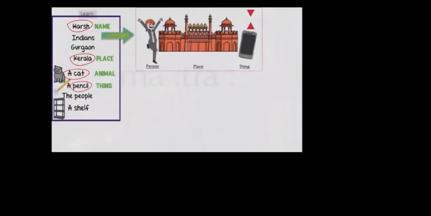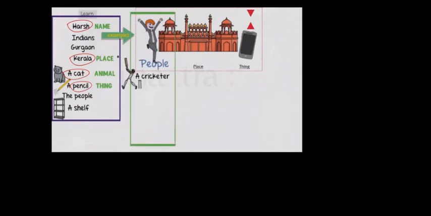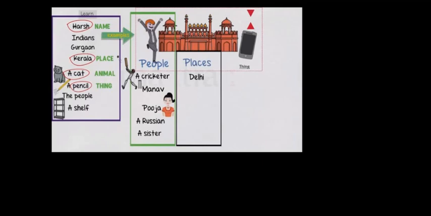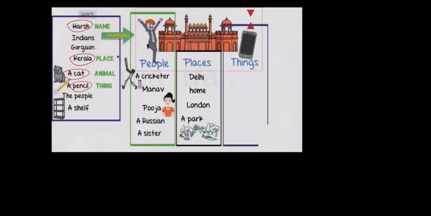Let's see how we can use these words for people. A cricketer, Manav, Pooja, a Russian, a sister. Some places can be Delhi, home, London, a park. Things, a bag, a bottle, a chair, an umbrella.